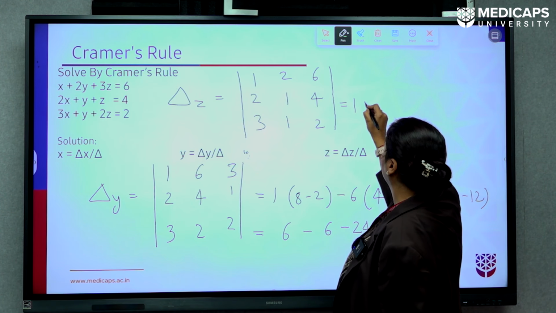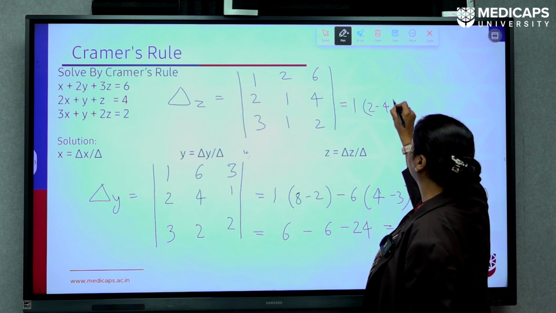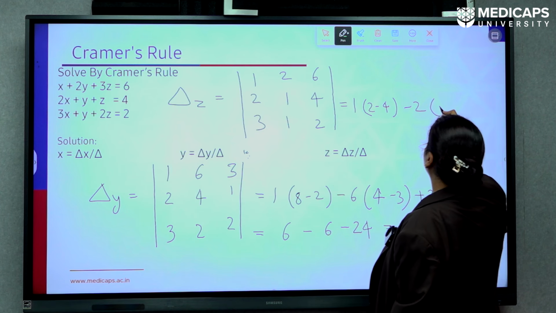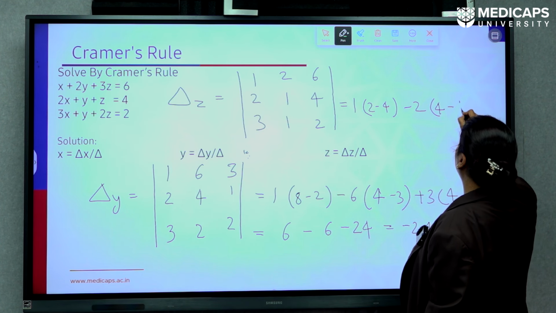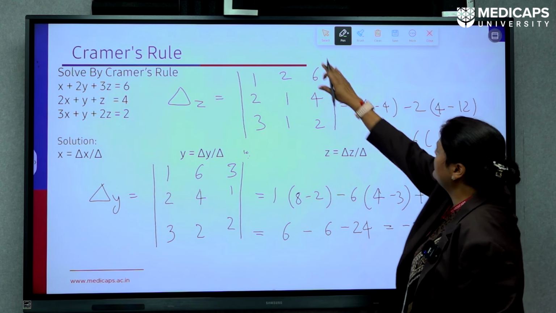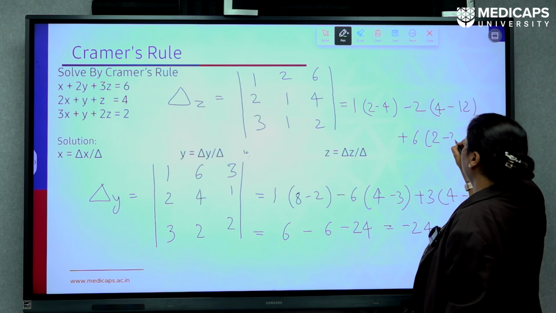Again 1, 2 minus 4, minus 2. Here we are having 2 2s are 4, 3 4s are 12 and plus 6. Here we have 6, 2 minus 3, 2 minus 3.